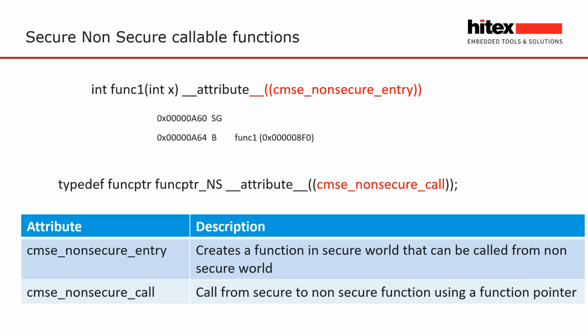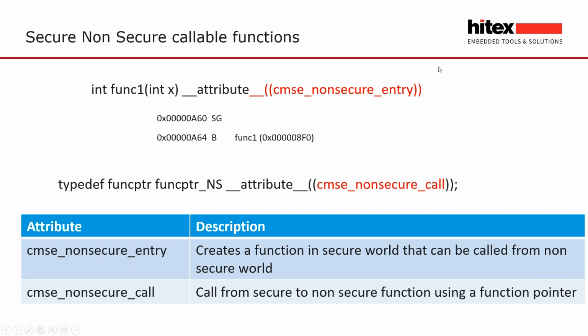Now, in order to be able to do that, when we develop our secure functions, we can define them as entry points to our code. So here we have an attribute, and this allows us to define this function as callable from the non-secure code. This will now generate the veneer table, which is a secure gateway, followed by a branch instruction to the actual function.